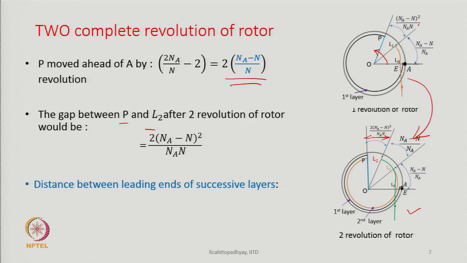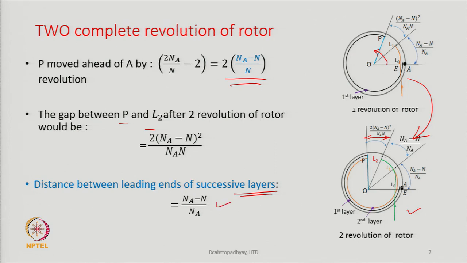What was the previous figure? When it made 1 complete revolution, it is just double of that. And the distance between the leading ends of successive fiber layers, from L0 to L1, L1 to L2, all these distances are (N_A minus N) by N_A.